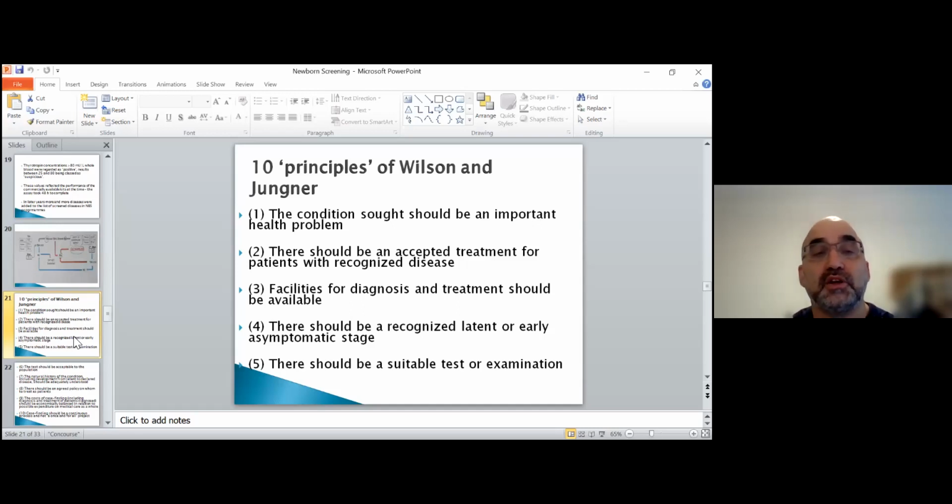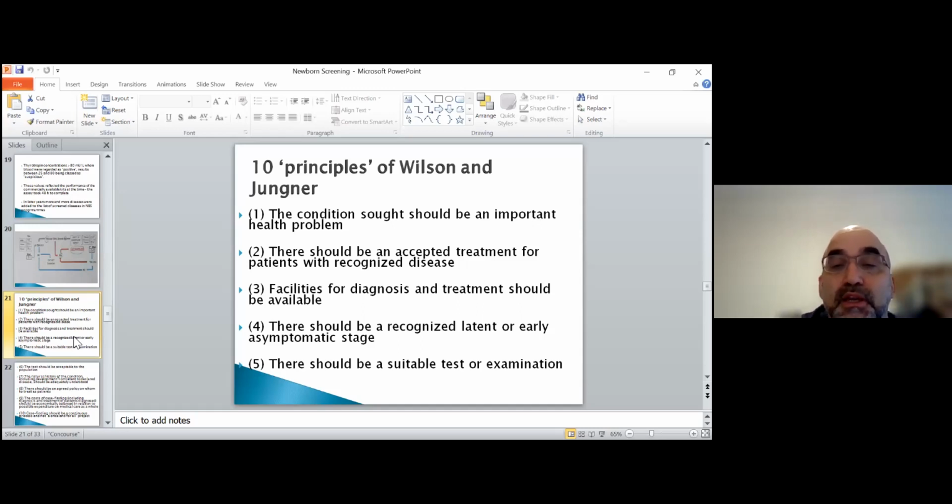So there are combinations of assays that can be put on the analyzers, and this is something you may want to consider if you are expanding your assays in Sri Lanka.